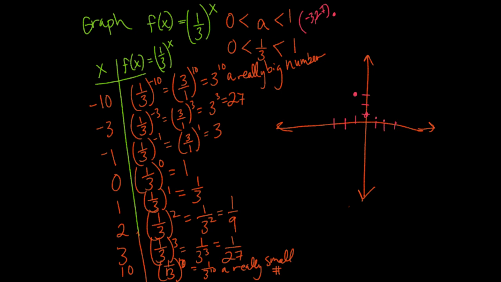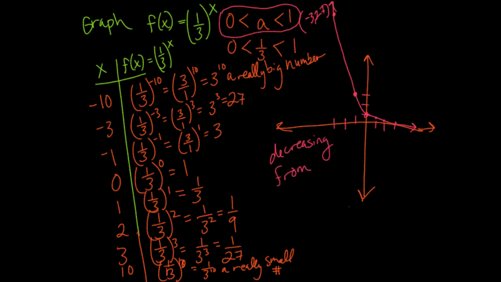Do you guys see what's going on? It's just reflected about the y-axis. So now, if your growth factor is between 0 and 1, I'm not doing this justice. Look at the book, please, to get a better example. But the idea is if your growth factor is between 0 and 1, your function is decreasing from left to right.